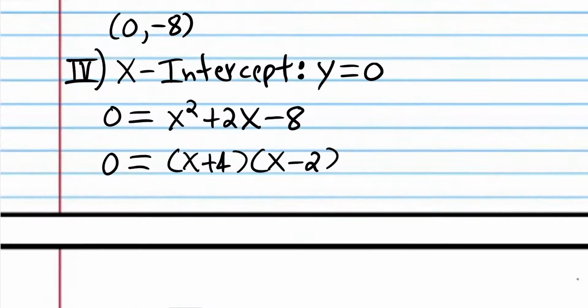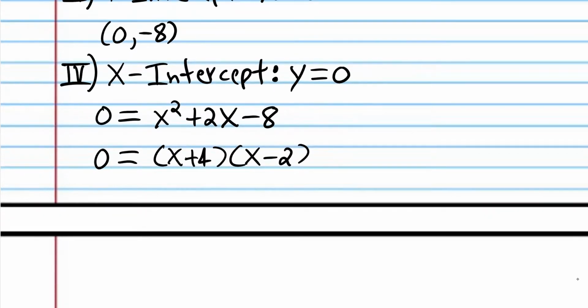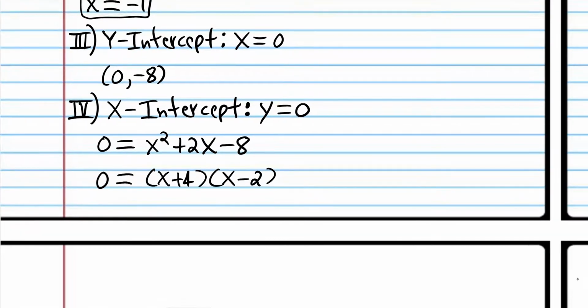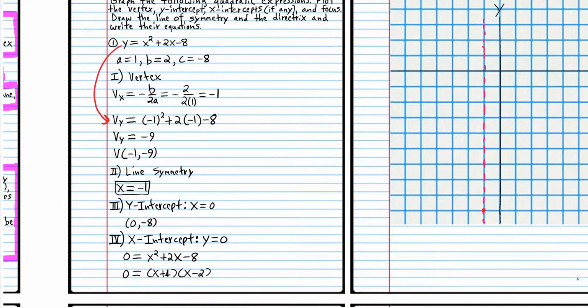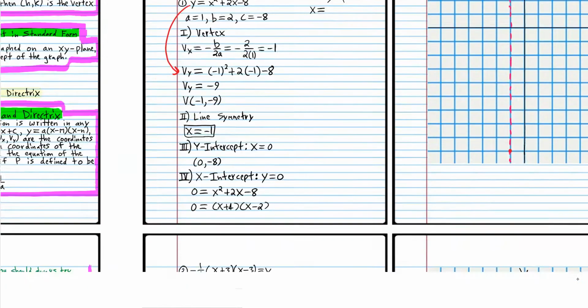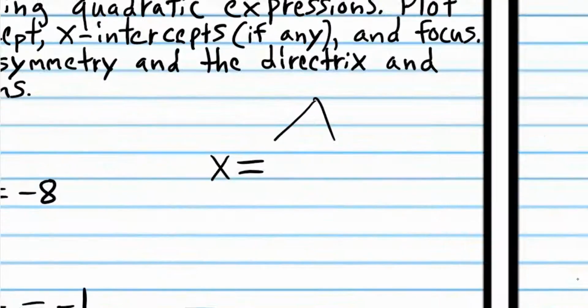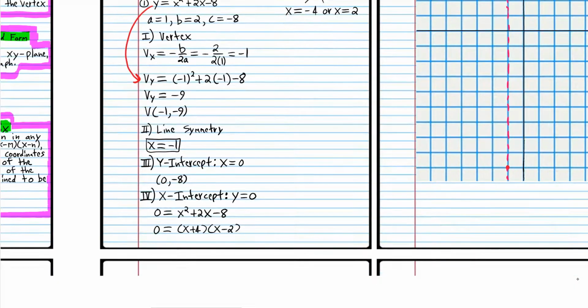Okay, so we changed the form of this expression, and why did we do that? Well, the reason is because now we can see what the x-intercepts are. We can see numbers that we can plug in there to make the expression 0. Those would be the x-intercepts. So one answer is going to be negative 4, and the other answer is going to be positive 2. Negative 4 and positive 2.